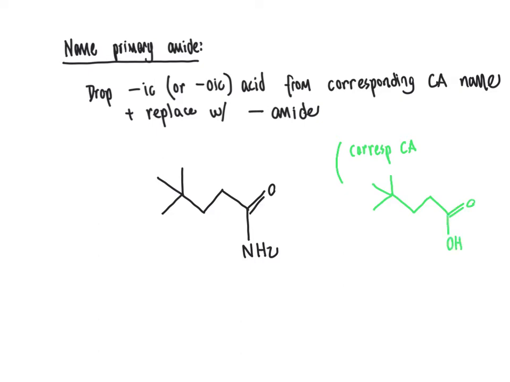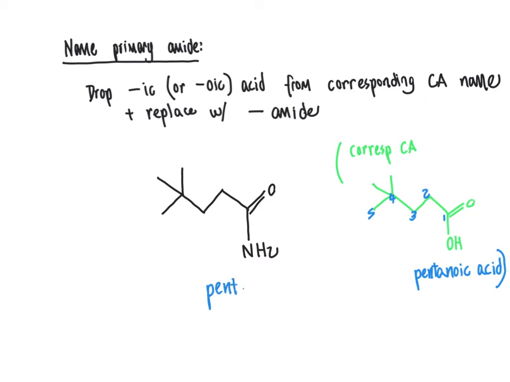And that corresponding carboxylic acid, being that it had a chain of 1, 2, 3, 4, 5 carbons, would be pentanoic acid as the parent name for the carboxylic acid. We instead, for the amide, refer to this as pentanamide.